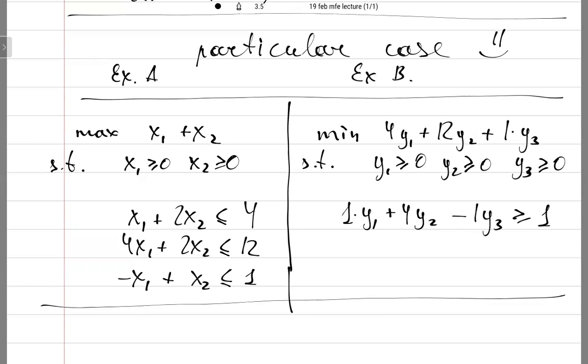Sorry, it's 1. And 2y1 plus 2y2 plus 1y3 will be greater than or equal to 1. So I have stated two problems. And now we will discuss how to solve them and what is the link between them.